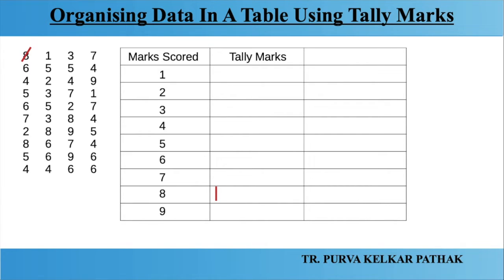This vertical line represents one tally mark. In the similar manner, we will put tally mark against each score of each student. The next score is 1. So let us strike out 1 and then put a tally mark against 1.